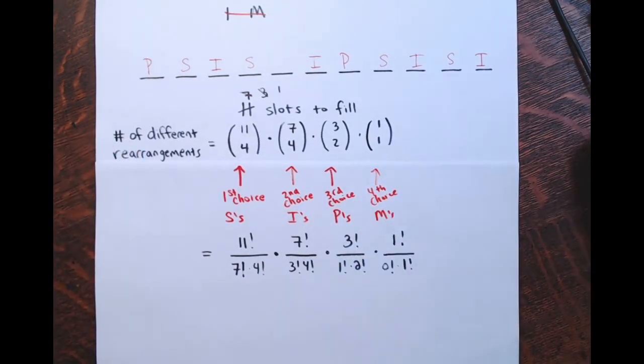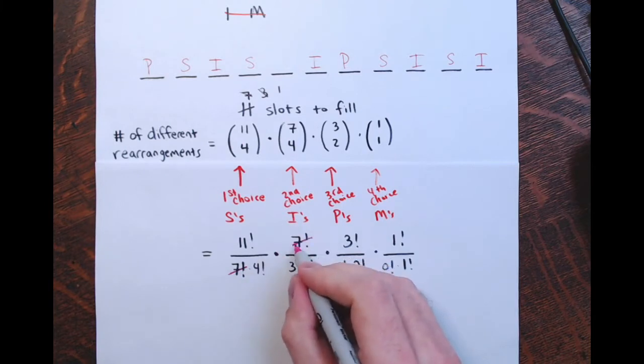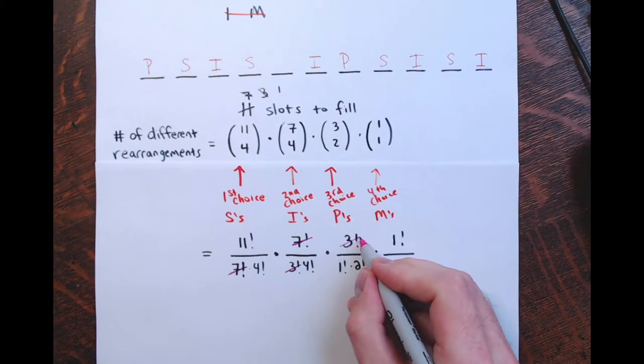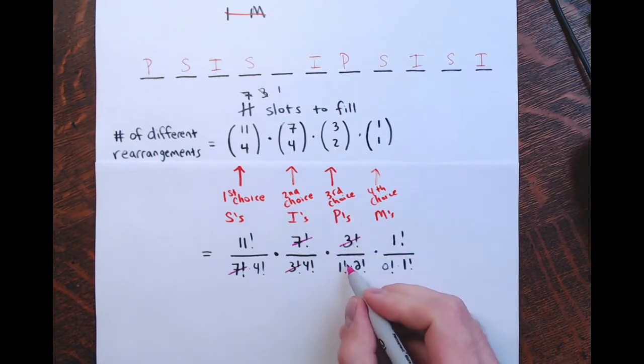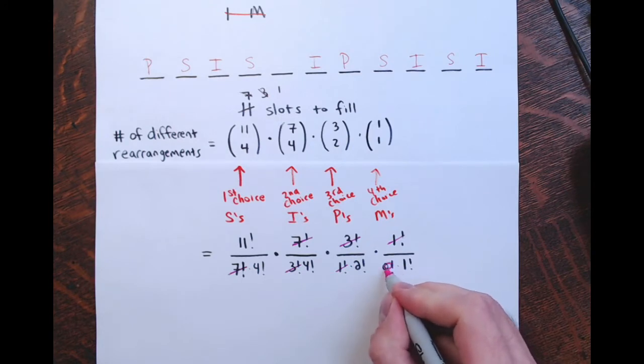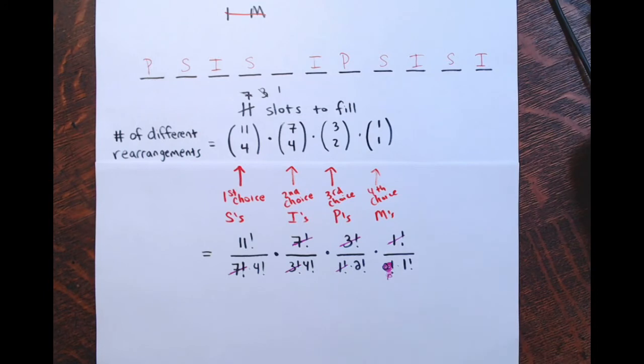Now look at all the cancellations that can go on here. Got 7 factorial in this denominator, 7 factorial in that numerator. 3 factorial in this denominator, 3 factorial in that numerator. This is just 1. 0 factorial is also just 1. So really, I don't need to write it. And then look what I'm left with.